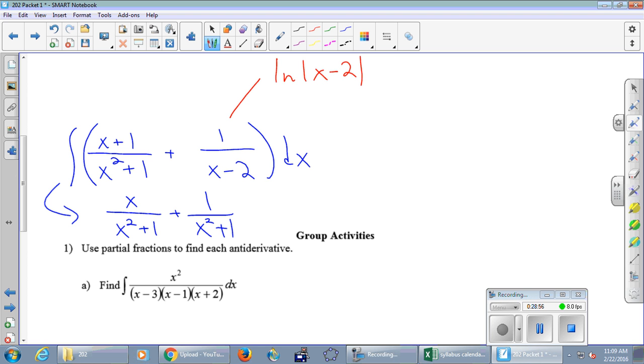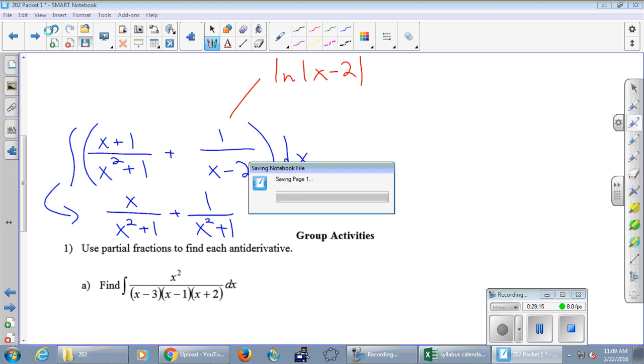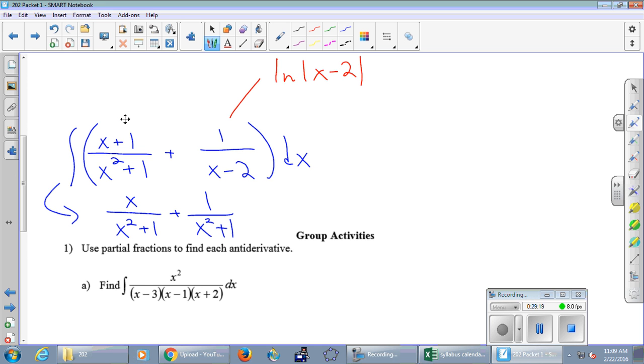So let's follow that order. Start with 3A. Okay, start there.